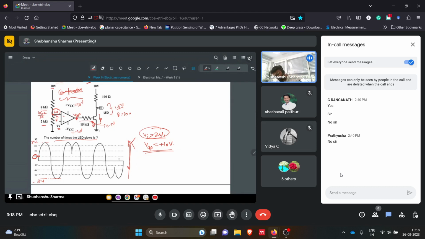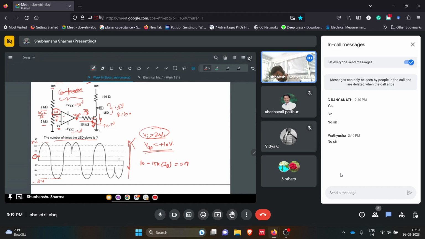We can simply use a KVL in this direction. So this will be 10 minus 15k into IB, where IB is the base current flowing into the base terminal of this transistor, equals 0.7 volts, because there will be a voltage drop of 0.7 volts across the base emitter junction of this transistor. Simple, nothing complex in that.